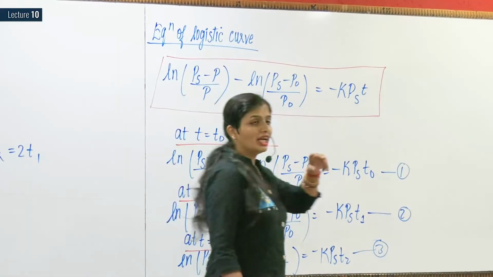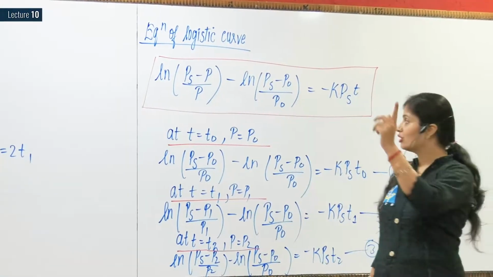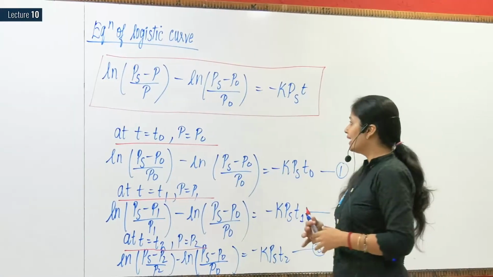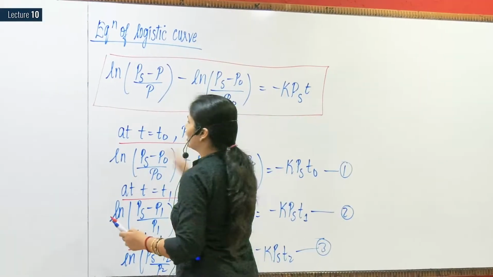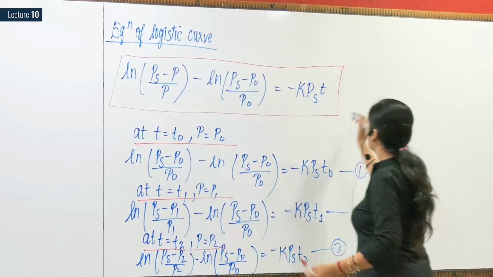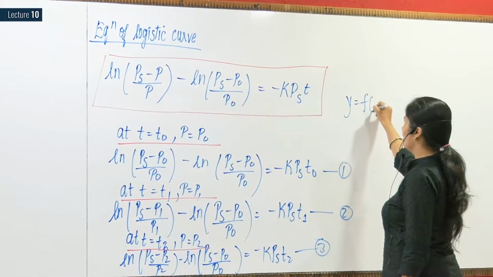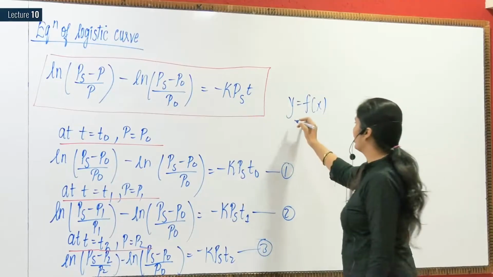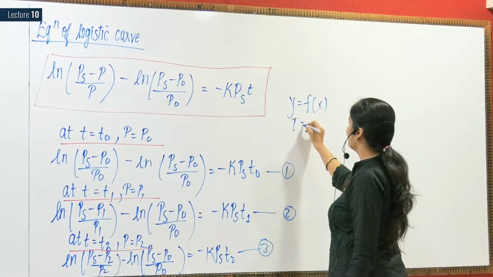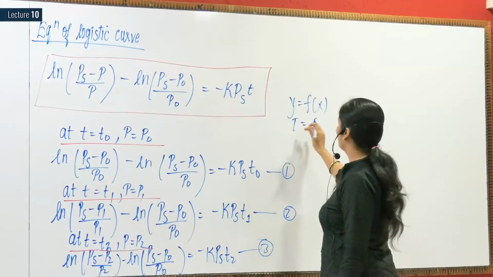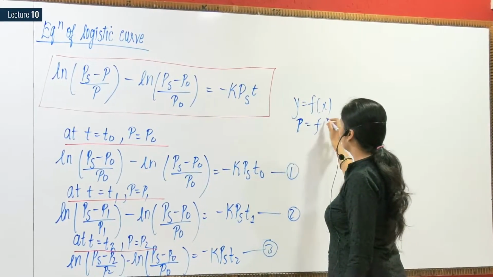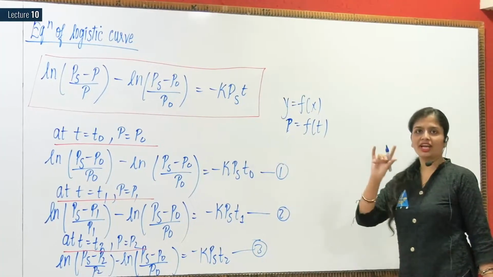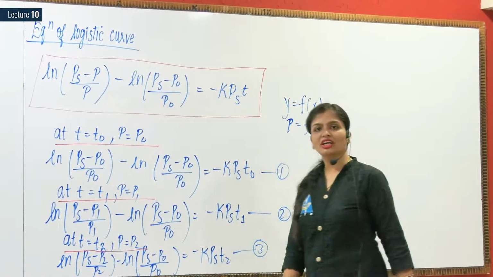Fine. And if you ask me why this name is given as logistic method, if you have that query in your mind, I can tell you that this equation, generally, what you know is that y is a function of x. Here in place of y, we have population. Population is a function of time. How is it a function of time?